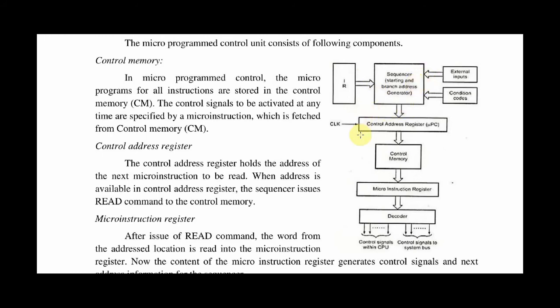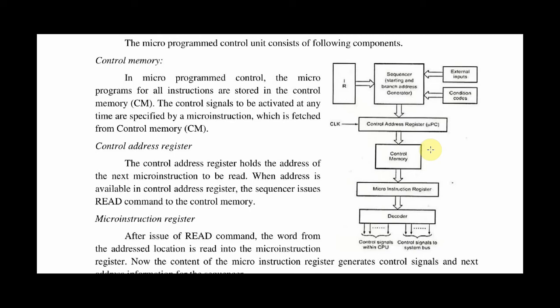That address will be moved to the control address register. This is just like a PC register. The purpose of the control address register is to store the next address of the micro instruction to be executed. Then after fetching, the micro instruction is read from the control memory, which holds the micro instructions. Next it is moved to the micro instruction register, and finally it is decoded and generates control signals within the CPU and control signals for the bus.